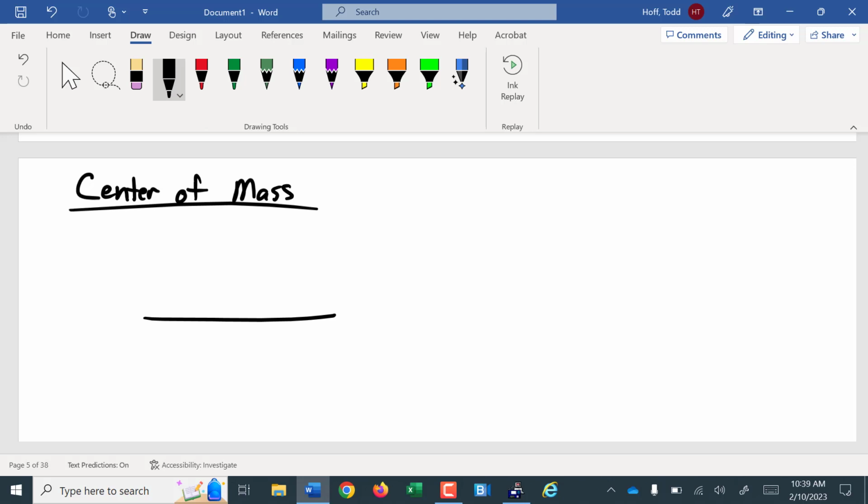And so to start off with, let's look at what we call a uniform load. And a uniform load is probably the most common. It's just like a steel bar or a beam that is the same all the way through its length. So it's the same weight per linear foot everywhere along its length.